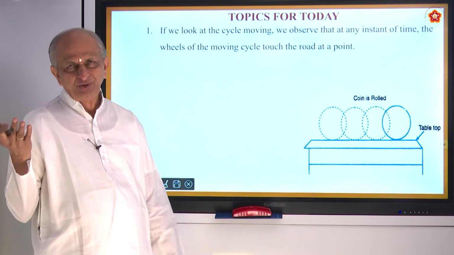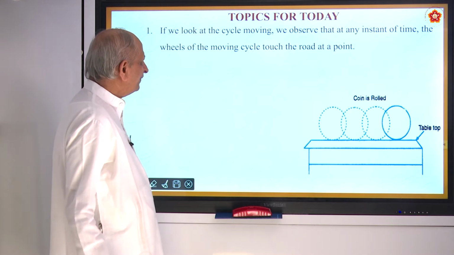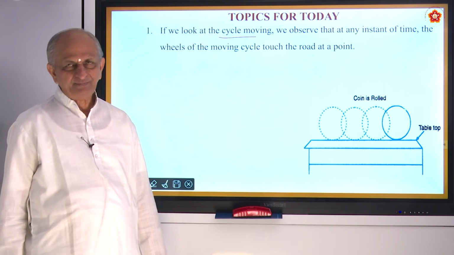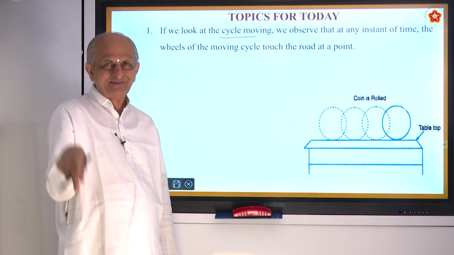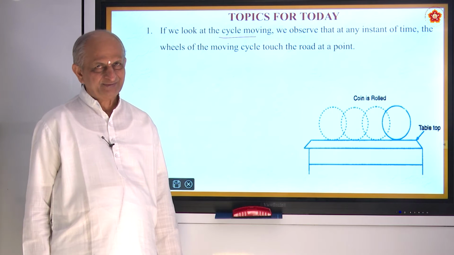I think all of you know cycling, right? So while cycling, what do you observe? The cycle is moving, and the shape of the tire, we call it a circle.